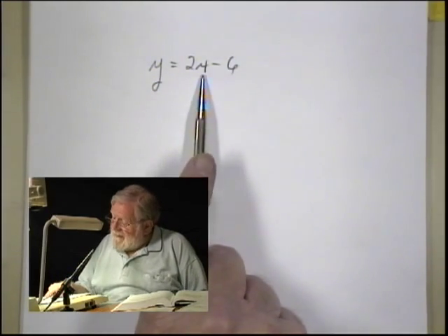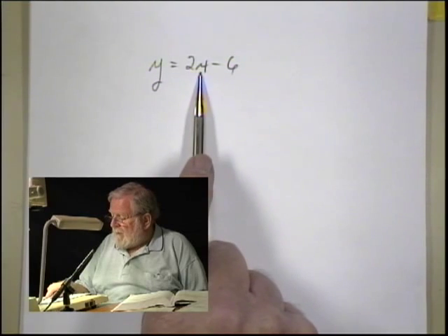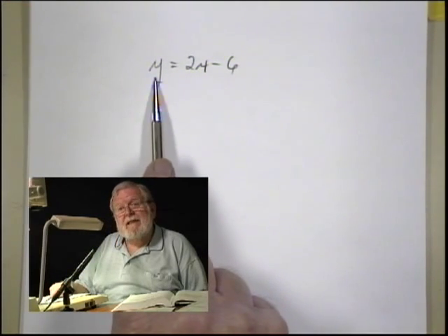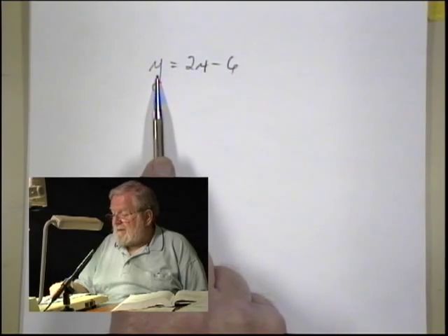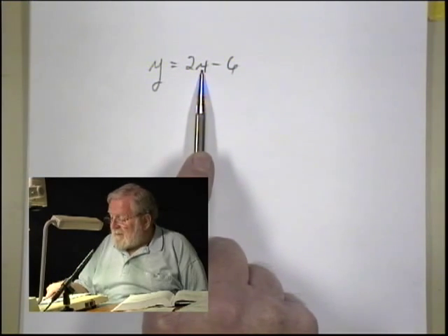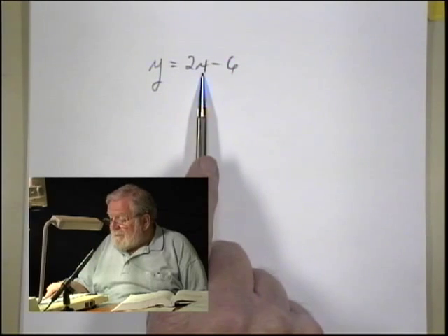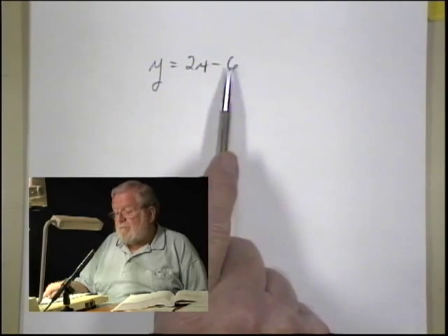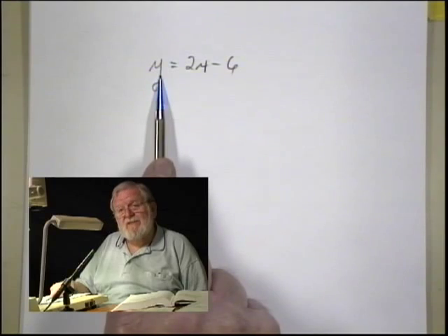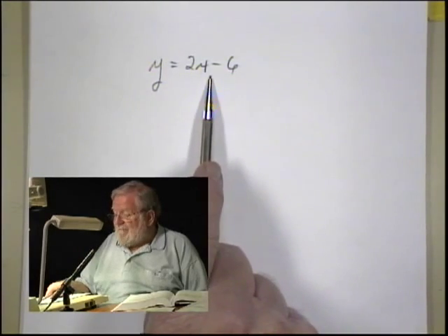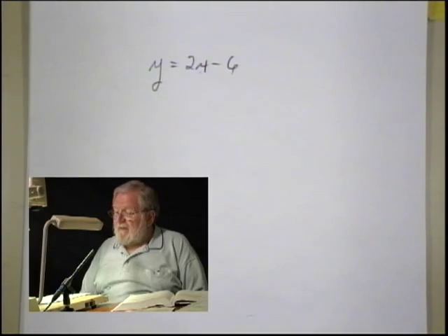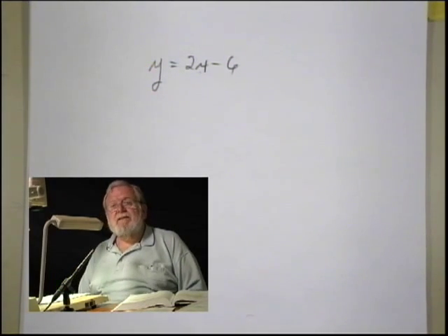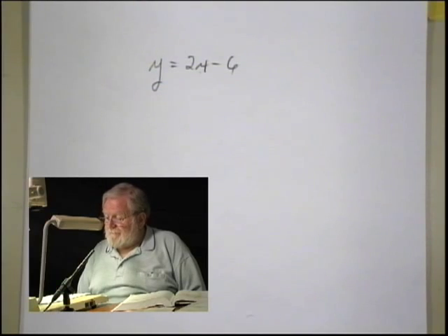Well, every unique value for x is going to generate just one unique value for y. If x is 1, y can only be 2 times 1, which is 2, minus 6. y can only be minus 4. It can't have more than one value of y for any given value of x. That's the definition of a function. That makes this a function.